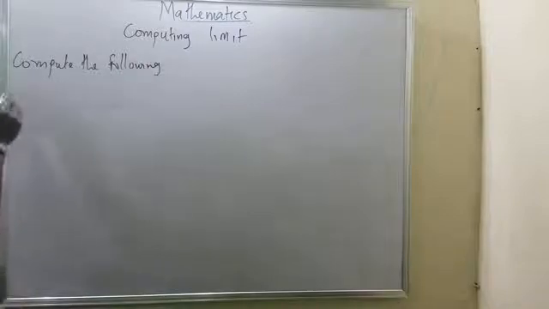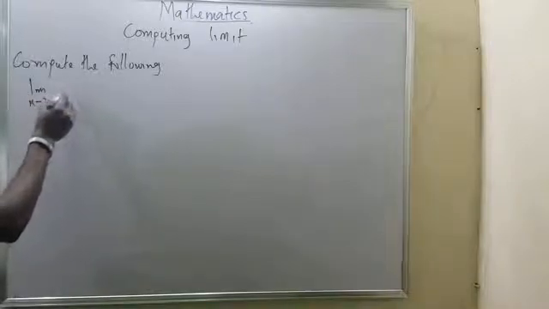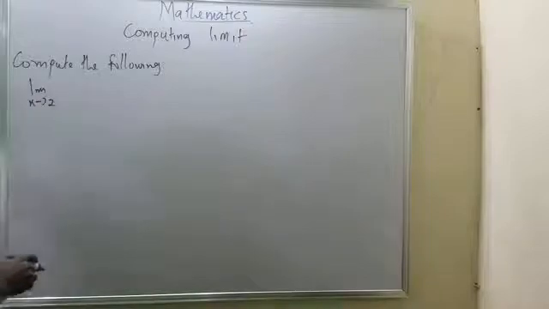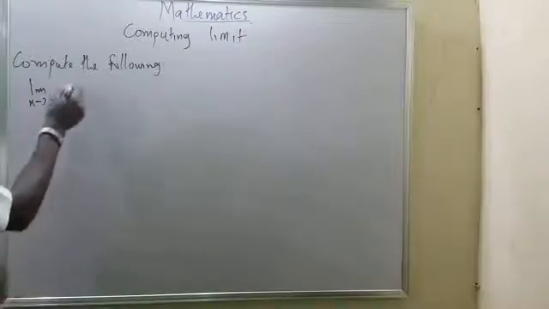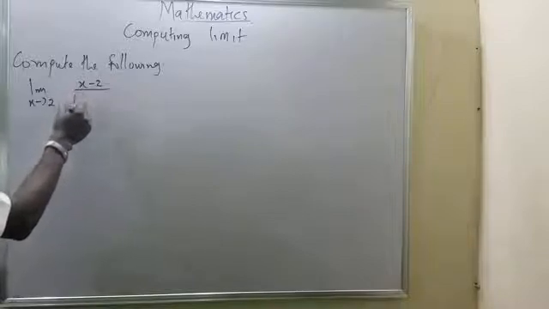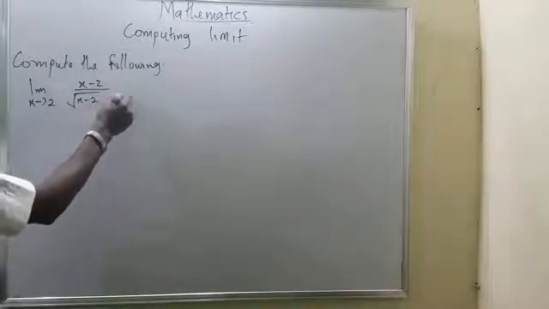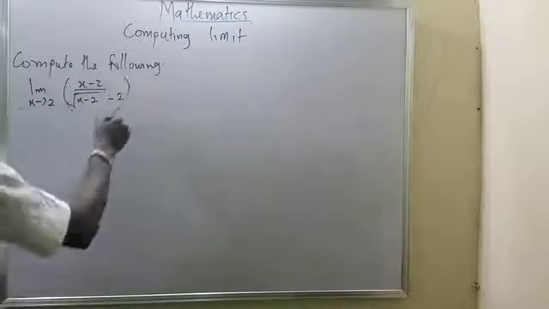I have the first one: limit as x tends to 2 of (x minus 2) divided by (root of x plus 2 minus 2). That is the first one.